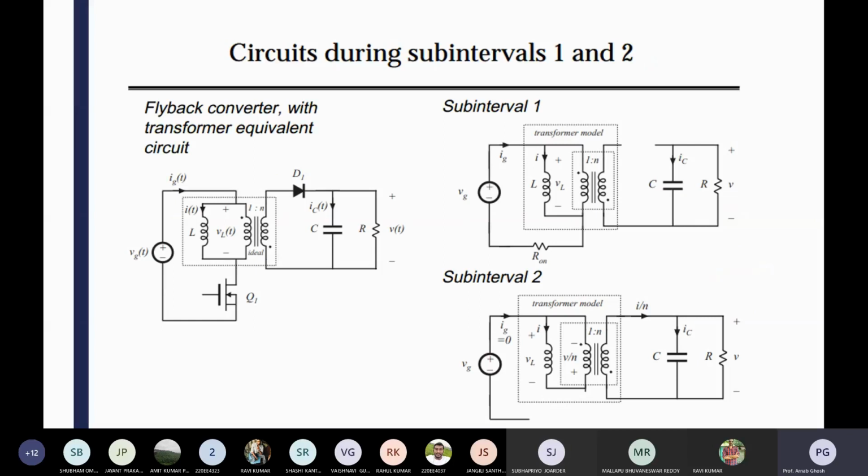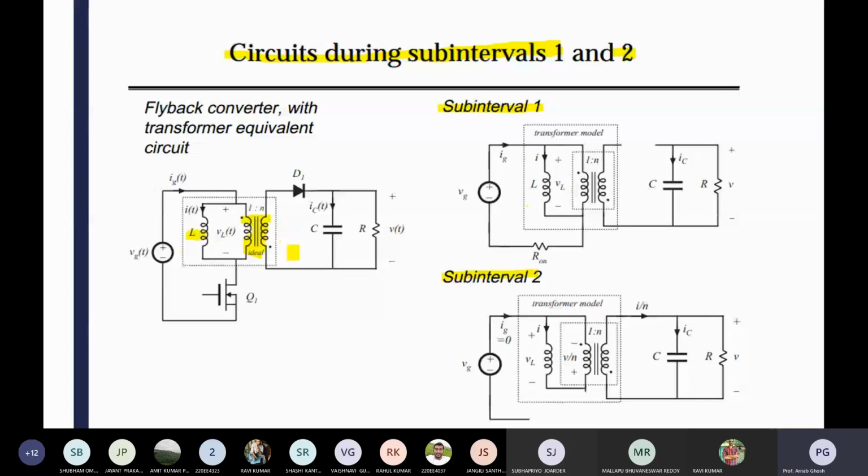Okay, for the two sub-intervals, sub-interval 1 and sub-interval 2. For sub-interval 1, as I have already told you, you can split that coil in two ways. In the ideal case there is an inductor, and then an ideal transformer also.